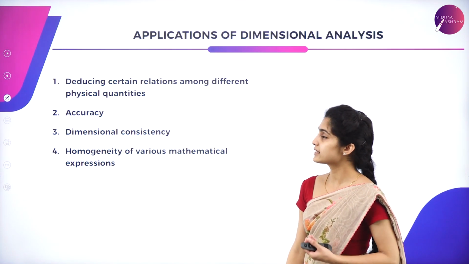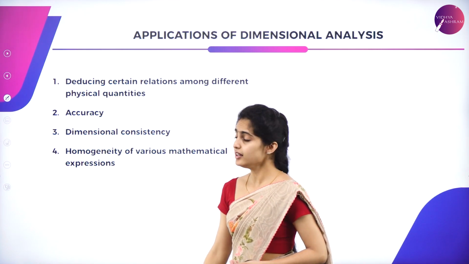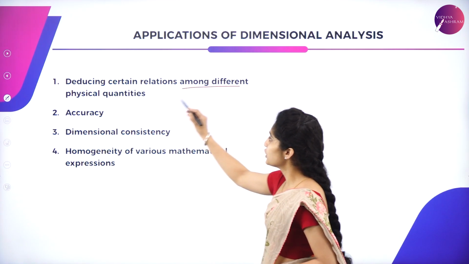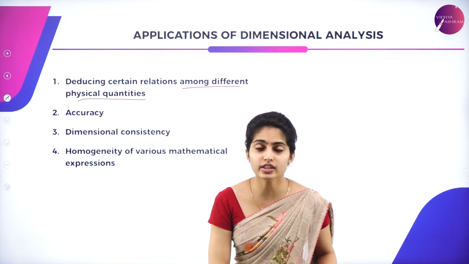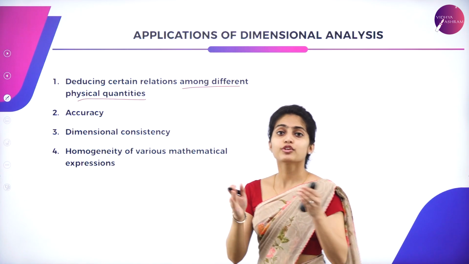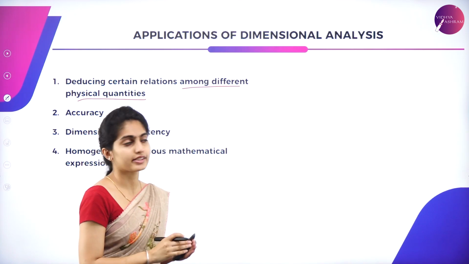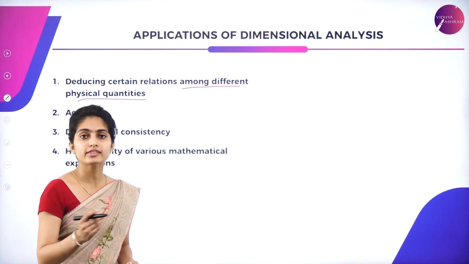So next is application of the dimensional formula, that is deducing certain relations among different physical quantities. It is used to deduce the relation between different physical quantities. I'll come to that. You'll be clear with the things. Okay. So next is accuracy. So what is this accuracy?